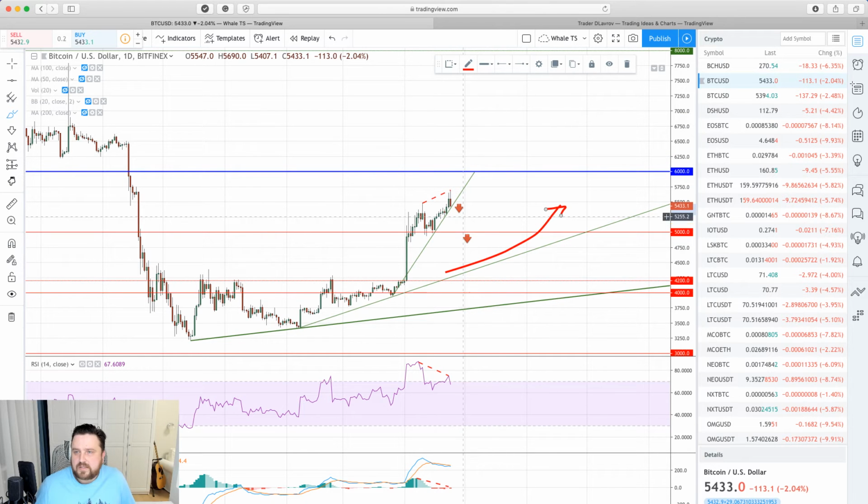Or if price breaks this local uptrend line, the next combination of support will be this support zone based on levels and the main uptrend line. So in the long run, Bitcoin is going to move upward. In the medium term, I would like to expect something like a correction and a fall below 5,000, something like this.